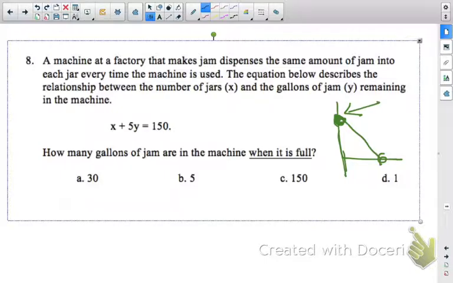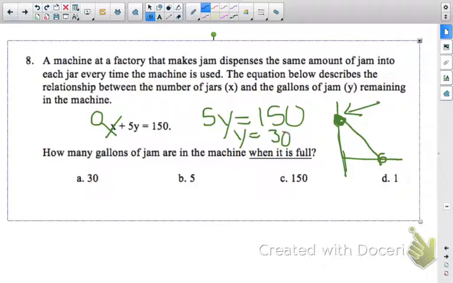The easiest way to solve this equation for the y-intercept is to let x be 0. That would give you 5y equals 150, and you divide both sides by 5, which gives you 30. So that means there are 30 gallons when the machine is full.